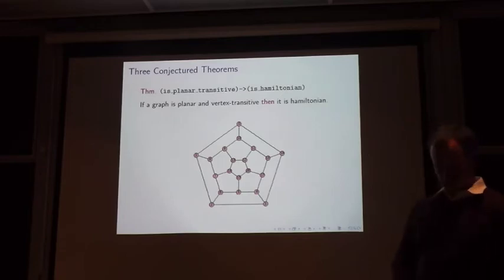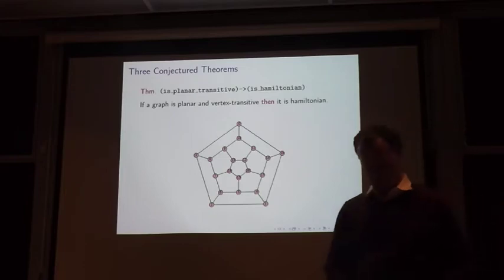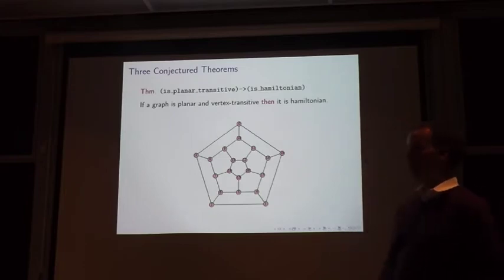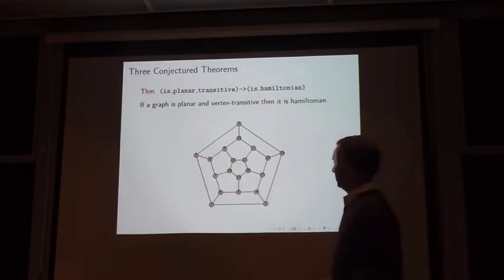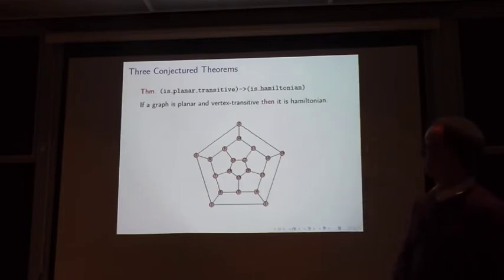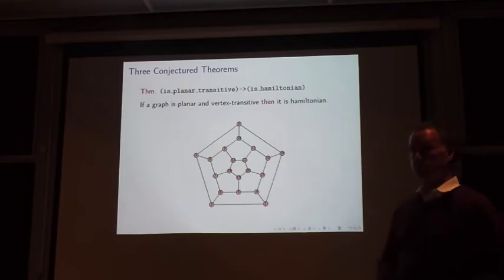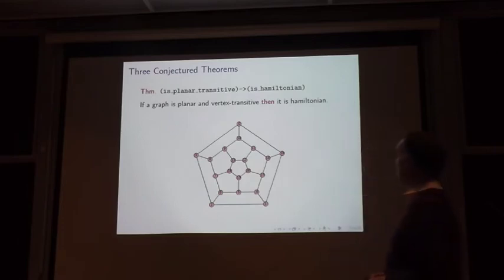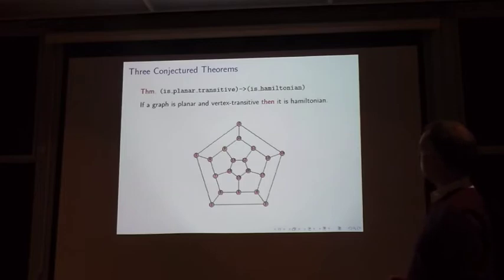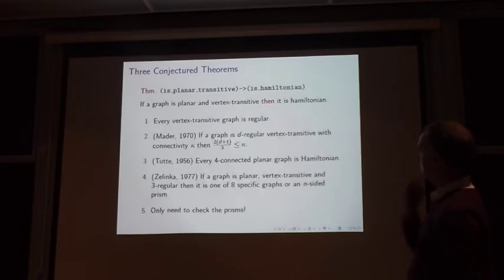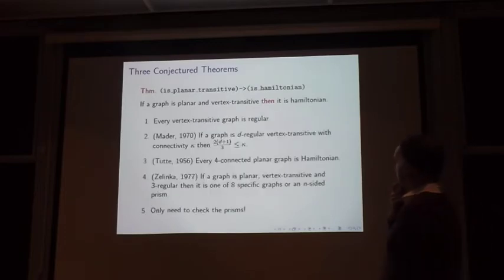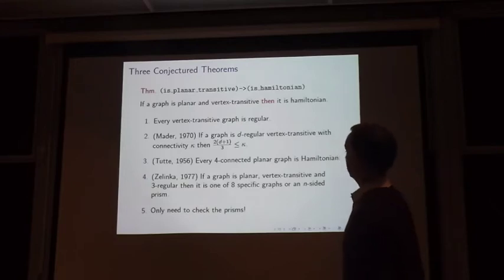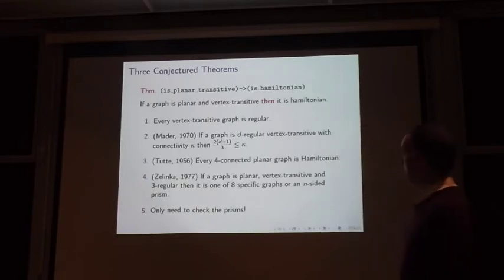So I first fed the conjecture to Ron Gould, survey writer, and Brian Alsbach, who's an expert on vertex transitive graphs, and they didn't know this result from the literature, and we proved it. So there's a new sufficient condition for a graph being Hamiltonian, and the proof wasn't hard, but it uses some ingredients. So vertex transitive graphs have to be regular.